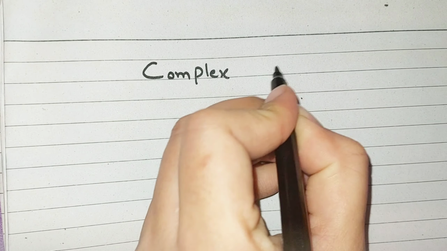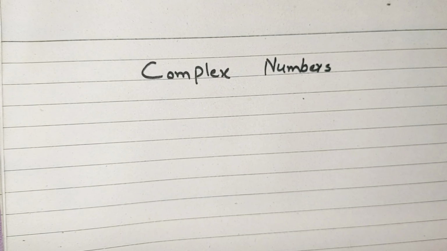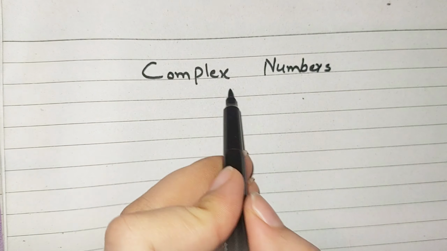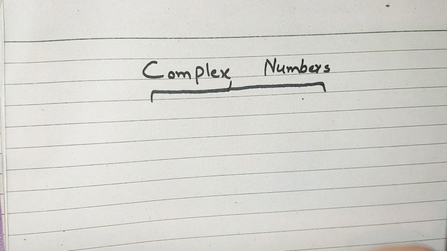When we talk about how to define complex numbers, complex numbers are basically the sum of two numbers, and we can make a diagram like that.